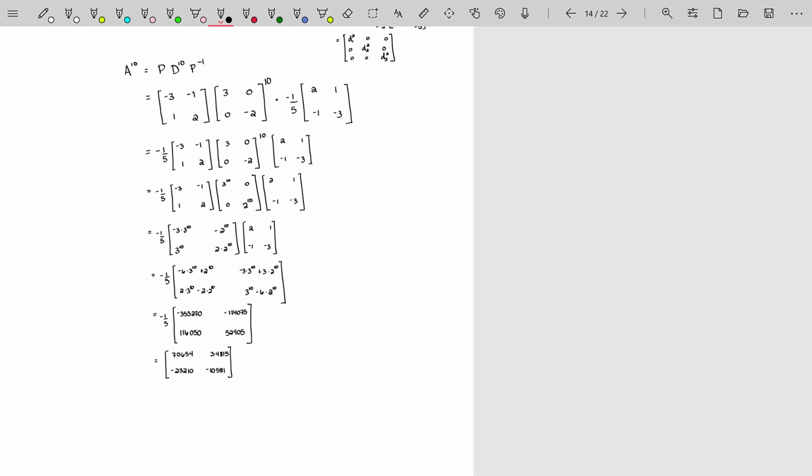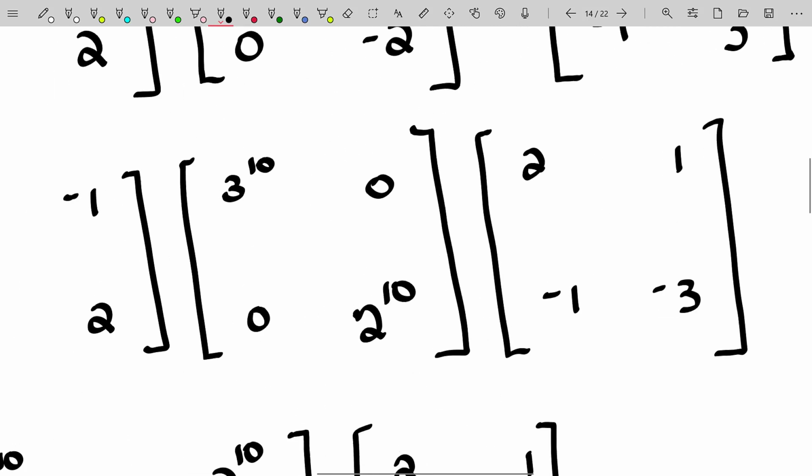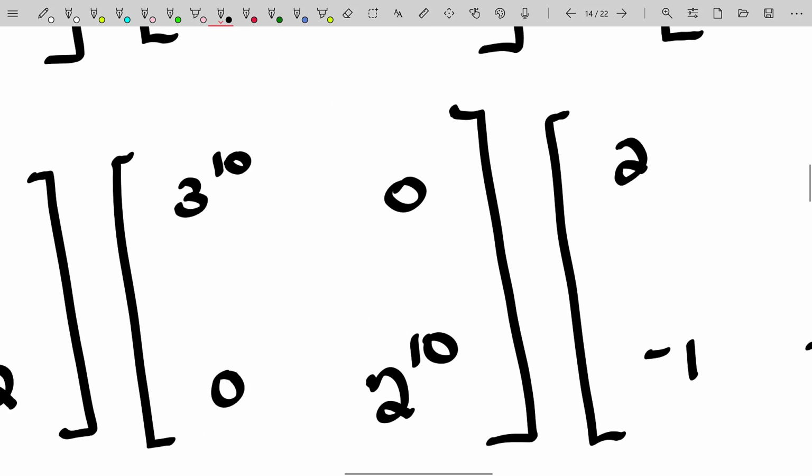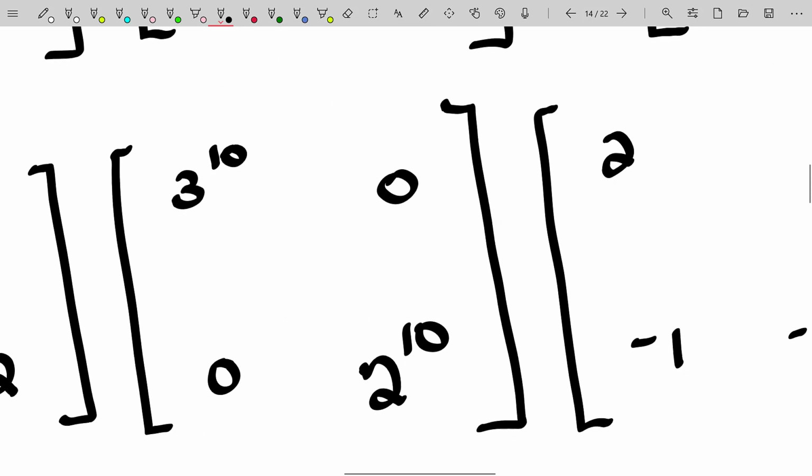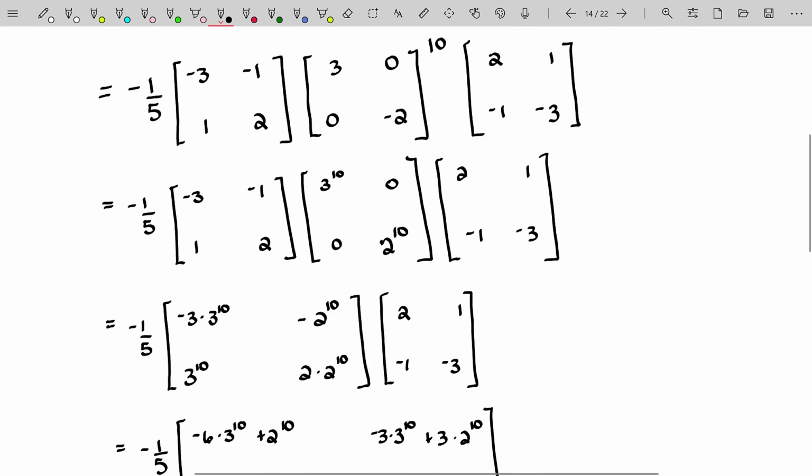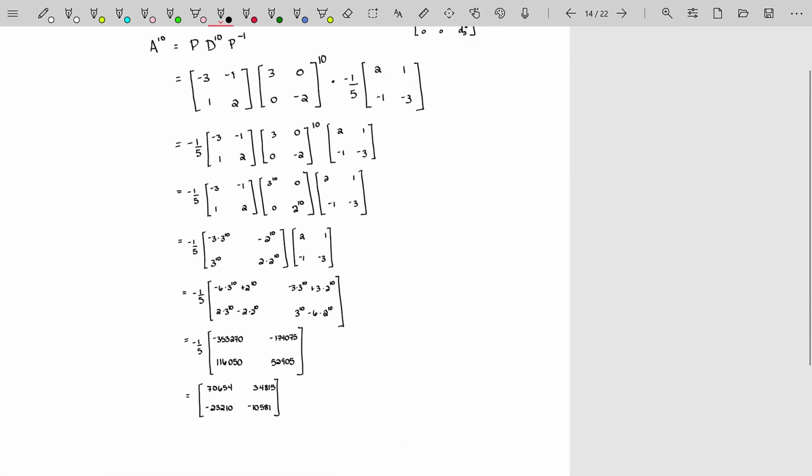So I hope you can see the usefulness of diagonalization for powers of matrices. It really does reduce the amount of computational time because you're taking advantage of the fact that a diagonal matrix raised to the nth power is the diagonal matrix where the entries are raised to the nth power. It's a really, really nice use of diagonalization.